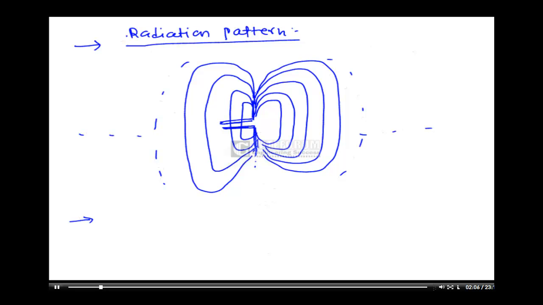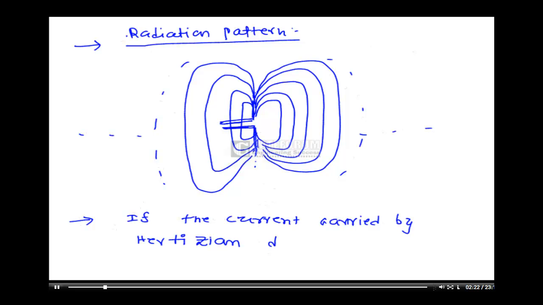And suppose the current carried by the Hertzian dipole is I equal to I naught cos omega t.